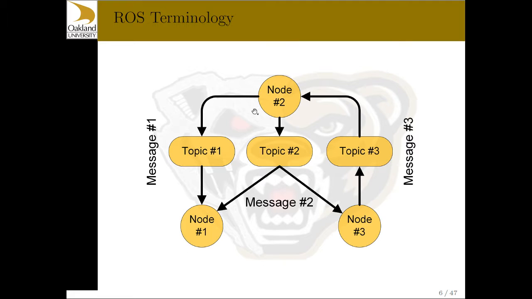In this case, node 2 is publishing data to some topic called topic 1, and node 1 is subscribed to that topic. So anytime node 2 puts data out on topic 1, node 1 is going to get an interrupt essentially, and then can receive that data. Likewise, node 2 is also publishing data to topic 2, but in this particular case, node 1 and node 3 both need whatever data is on that topic, so they both subscribe to topic 2. Whenever node 2 publishes data here, both node 1 and node 3 get interrupts about that and can get the data from it.